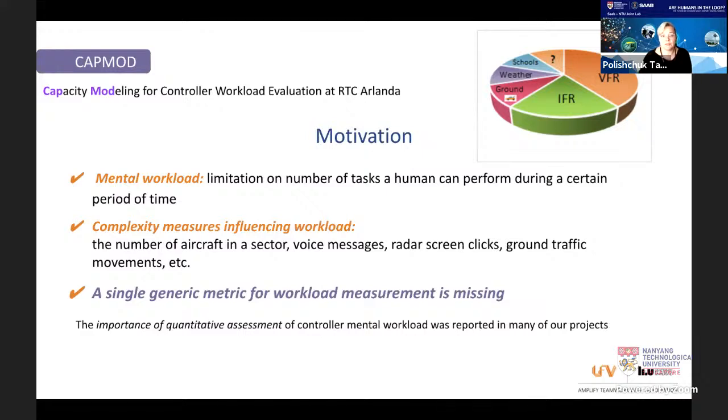This is what we distribute between controller working positions. It is a subjective measure, which limits the number of tasks a controller can perform, and unfortunately there is no single generic metric for that. This is what we challenge in our project, capacity modeling for controller workload evaluation, and Christiana will introduce you to our recent results on that.